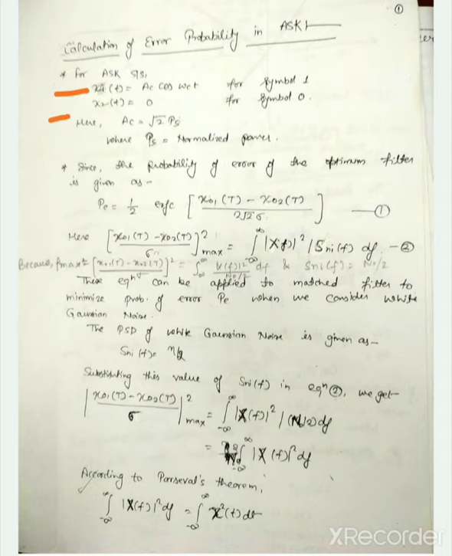That is why the name is also given as OOK or on-off keying. Now here Ac, the amplitude of the carrier, can also be represented by root 2 Ps, where Ps is the normalized signal power, that is the power across a 1 ohm load resistance.